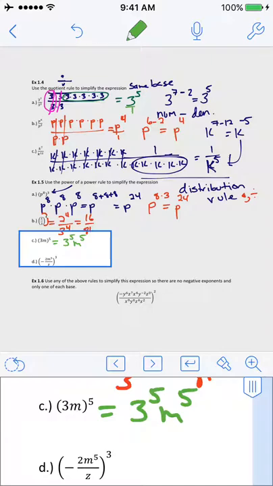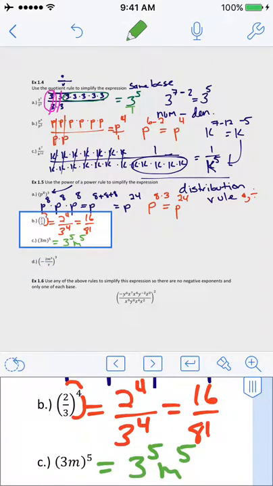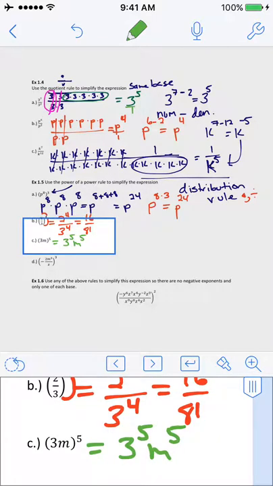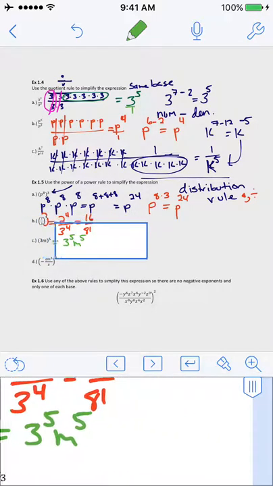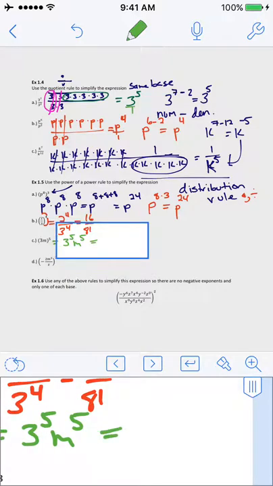If you have the parentheses there, someone had to take the extra time to write those. Remember, mathematicians are lazy. So if they don't need to write parentheses, they're not going to. But if they need to write the parentheses, it means that they're there for a reason, right? Just like in this last problem. We needed to show that everything was to the 4th power. Here we need to show that everything is to the 5th power. And so we end up with, I don't even know what 3 to the 5th is. Let's see. That's 9, 27, 81, 243.